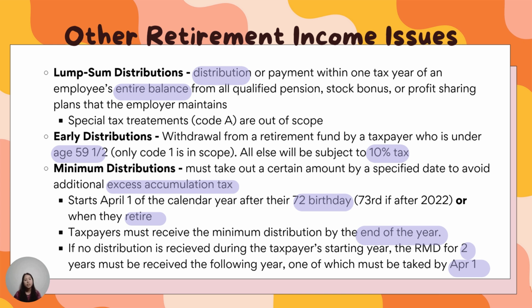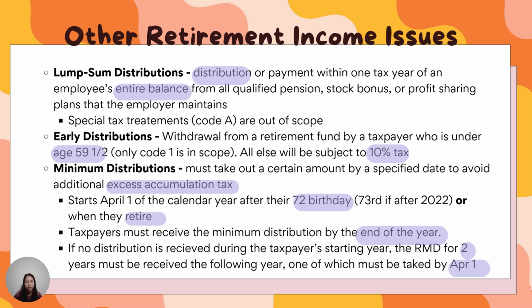Okay. Some other retirement income issues that you're going to be coming in contact with as a VITA volunteer are lump sum distributions. Lump sum distributions are distributions or payment within one tax year of an employee's entire balance from all qualified stock, bonus, or profit sharing plans that the employer maintains.